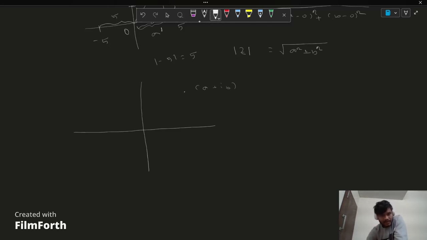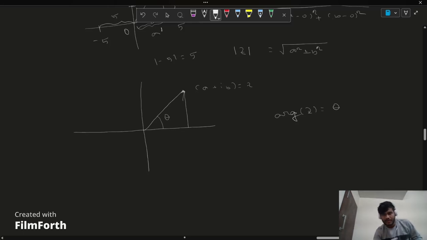Let me draw a straight line from 0 to a plus ib. Then the angle theta that is coming here is called the argument of z, and is denoted by argument of z equal to theta.